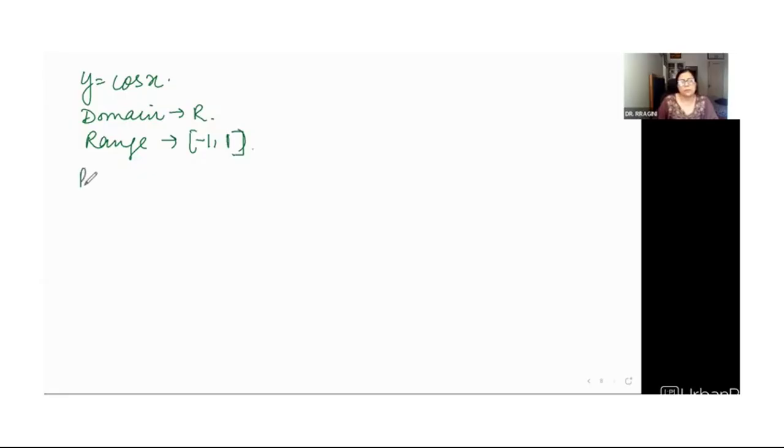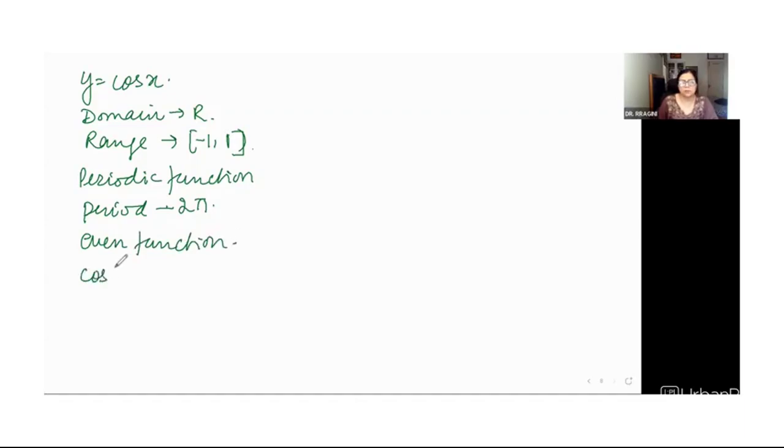It is a periodic function of period 2 pi. Anything else? And this is an even function. Even function means cos of minus x is cos x.